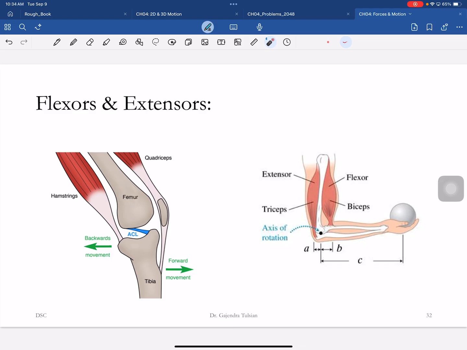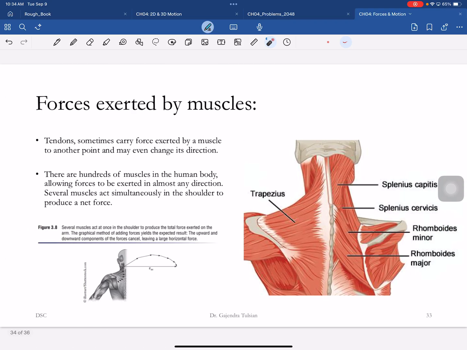And this is attached to this bone over there, and when this muscle contracts, your arm straightens up. All right, so here are the back muscles of a person, and there are hundreds of muscles. Why do you have so many muscles?